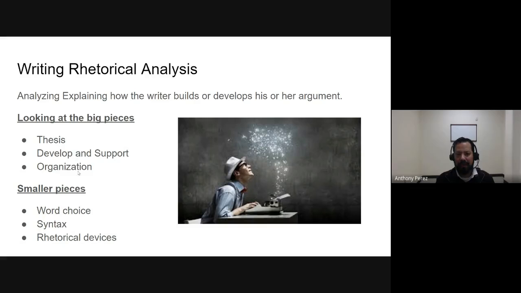You want to learn how to do these things and how to build these things, and how writers do it, so that you can be successful at it as well whenever you have to write an argument or present an argument, or whenever someone is giving you an argument, whether it's your boss or a coworker or a friend or a family member or someone who's running for office who wants your vote, right? So knowing how these things work is important.